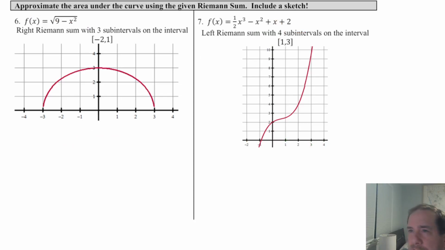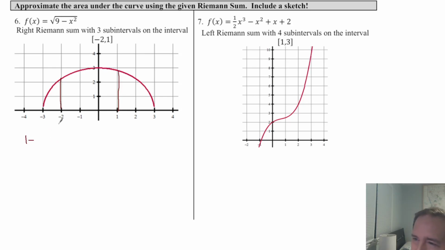All right, and then the last few. This time they were so kind as to give you a picture, so that should help you kind of plan your attack. But we want to go from -2 all the way to +1. We want to do it using 3 subintervals. So this math is messy again, because if we do 1 minus... Oh, that math's not messy.